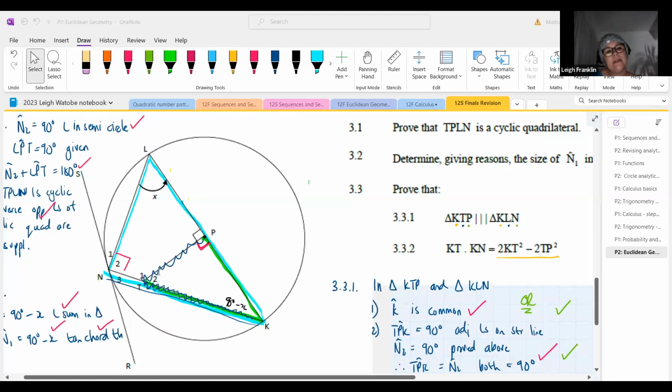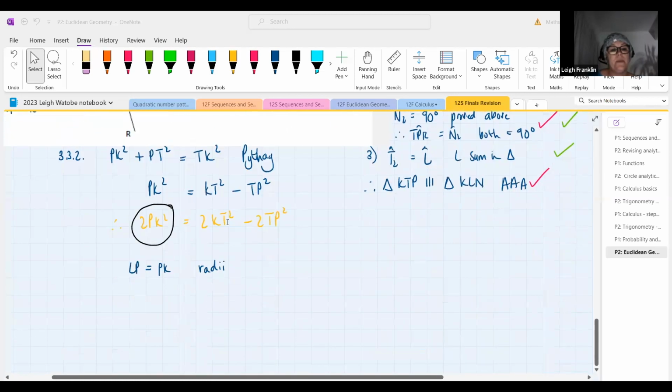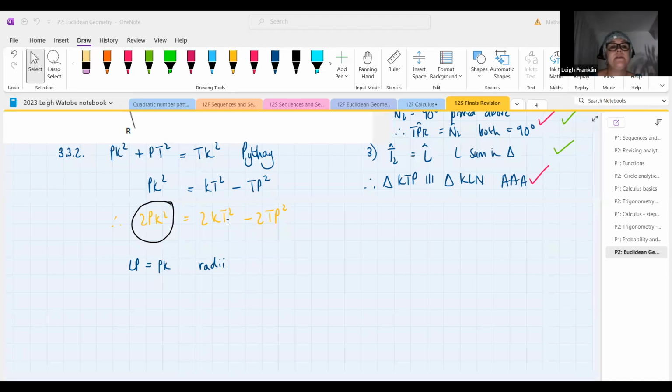What I'm going to do is work at the big blue triangle, and I'm going to do the theorem of Pythagoras there as well.